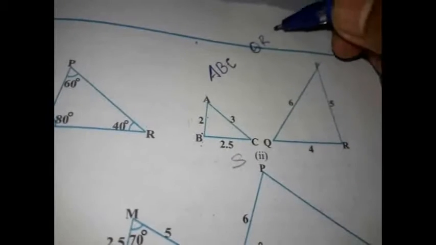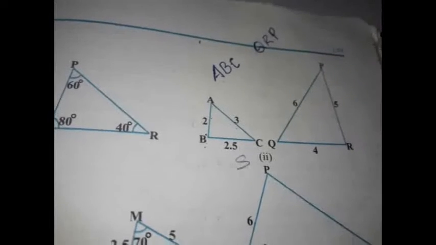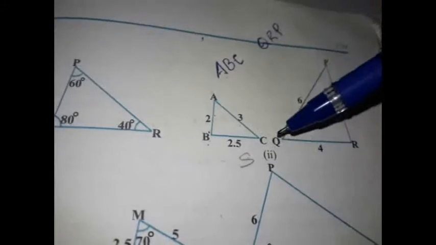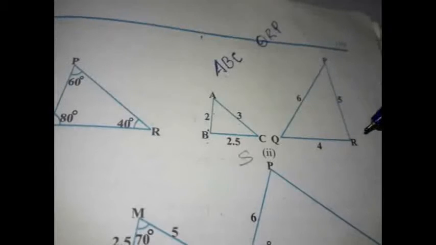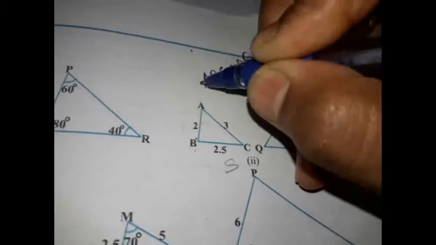So here if it is C, then here it is P. Now you check: ABC is QRP. So when it comes to CA, it will be PQ. Yes, so we got the correspondence. So triangle ABC is similar to triangle QRP.